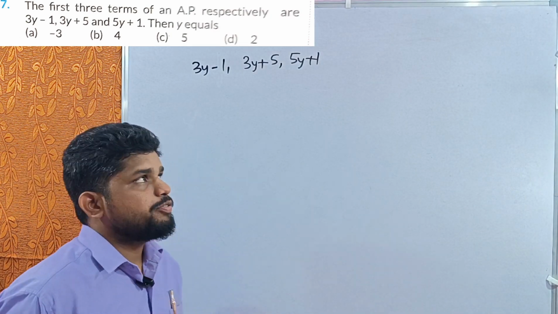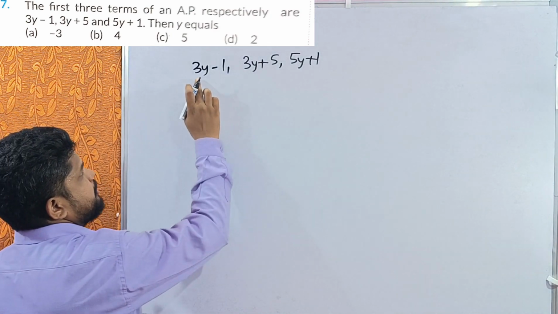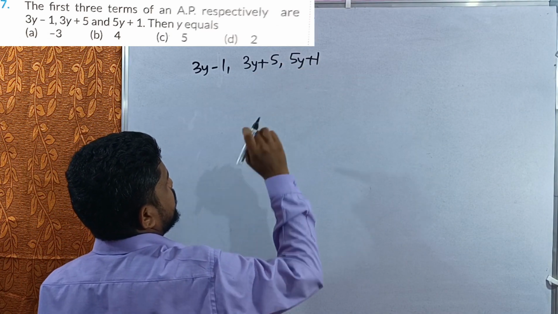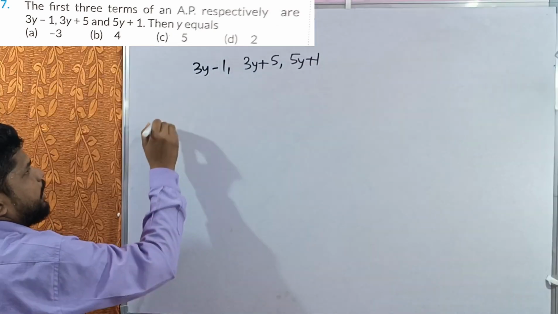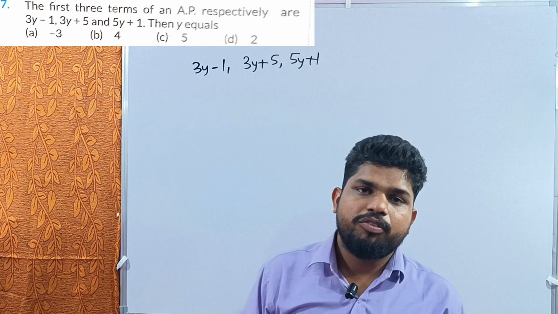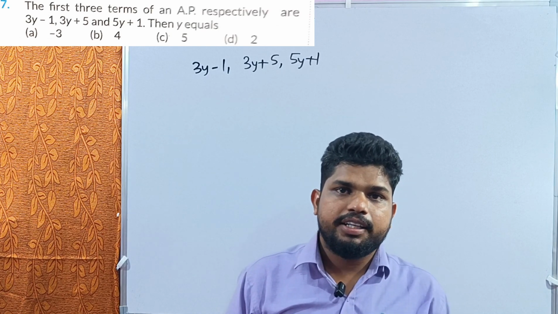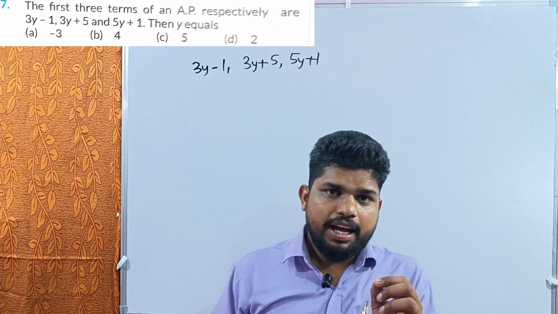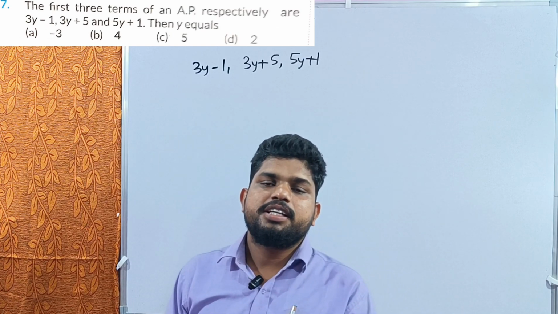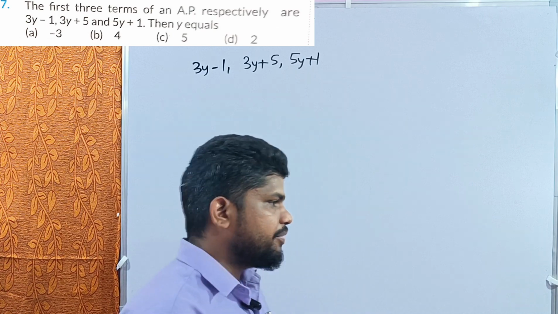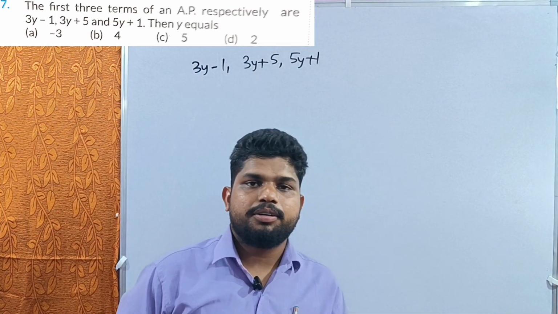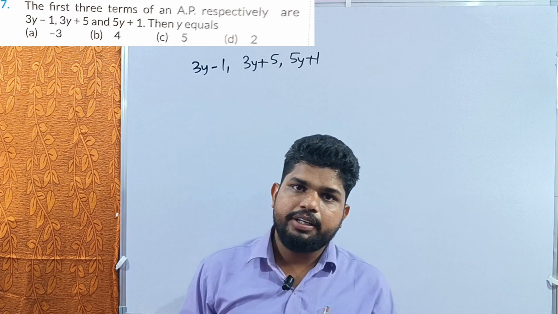Okay, dear students, we are given 3 consecutive terms, 3y minus 1, 3y plus 5 and 5y plus 1. We all know that whenever there are 3 consecutive terms of an arithmetic progression, the sum of the first and third term divided by 2 is equal to the middle term, or we can say that the average of the first term and third term is equal to the middle term.